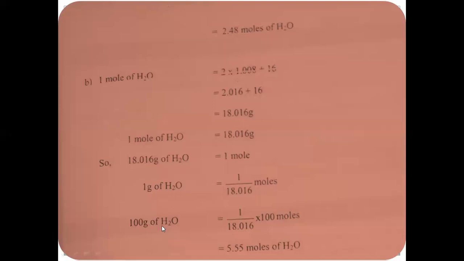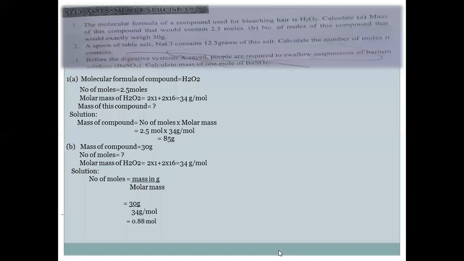Then 100 gram of water, which is the required one, 1 over 18.016 into 100. Answer is 5.55 moles of water. These are just simple mathematical questions which you have done already.